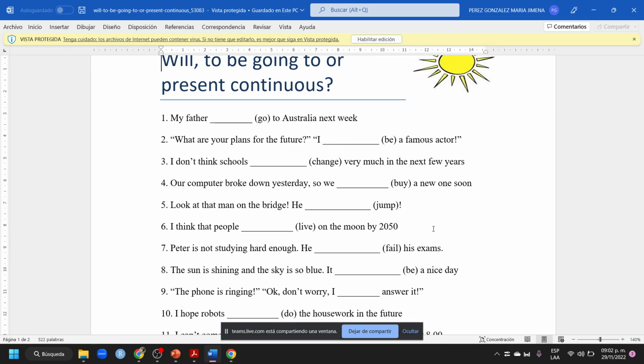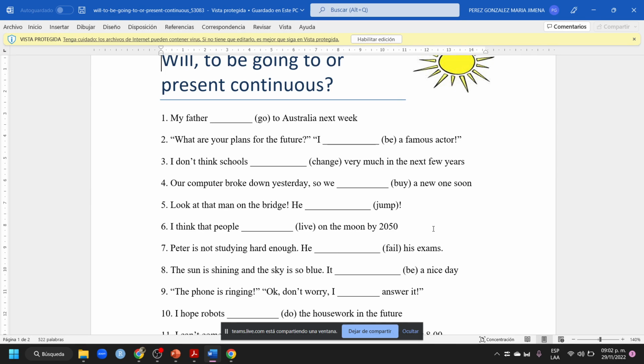Look at that man on the bridge. He is going to jump. I think that people will be living on the moon by 2050. Peter is not studying hard enough.